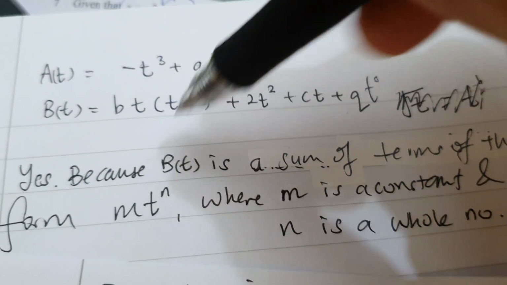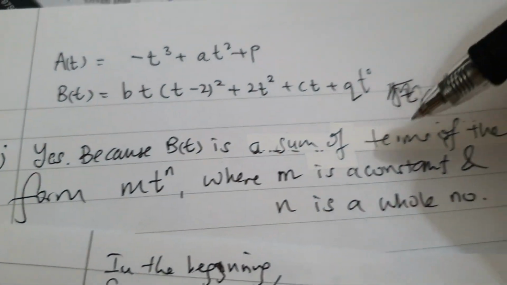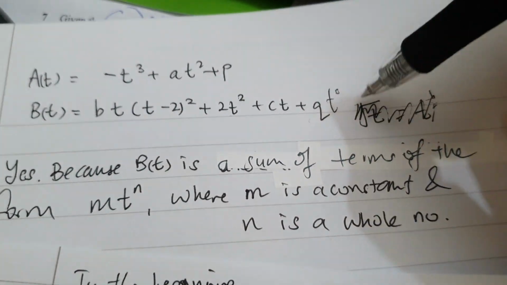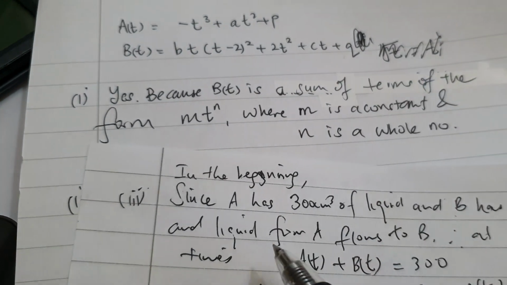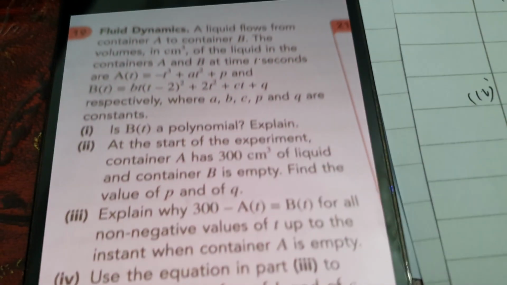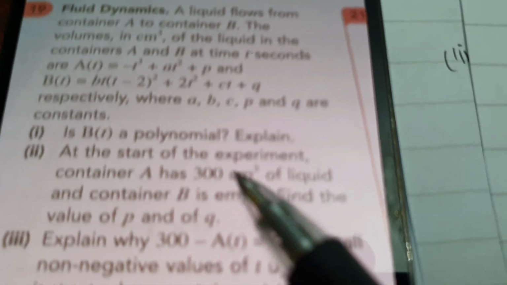So this satisfies the condition of being a polynomial. Okay? Next. At the start of the experiment, container A has 300 cubic cm of liquid and container B is empty. Find the value of p and q.